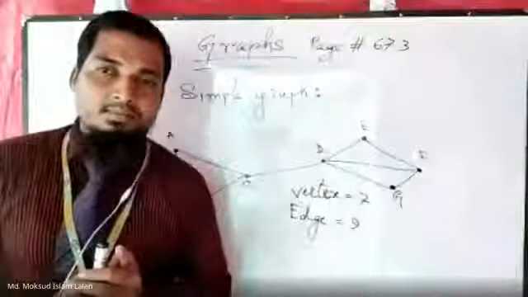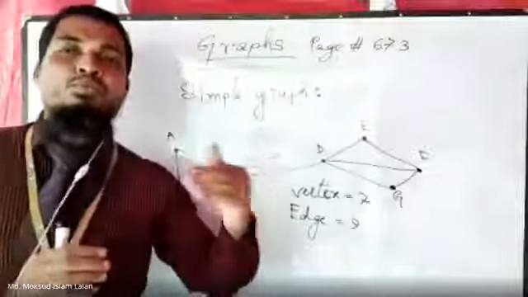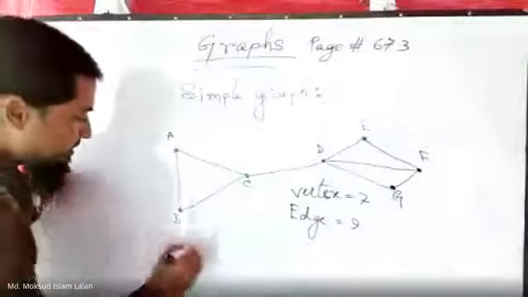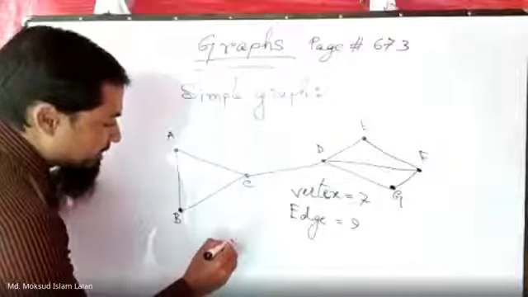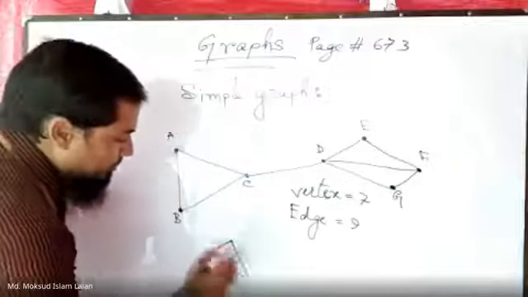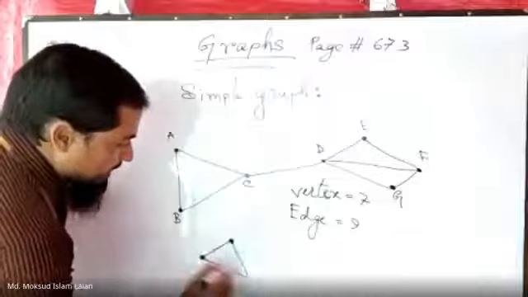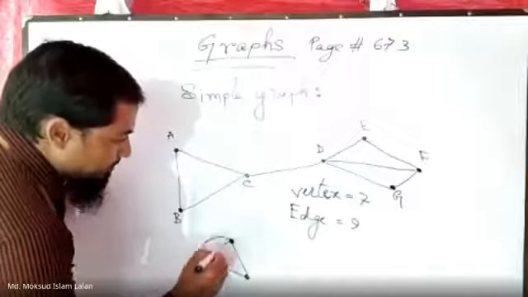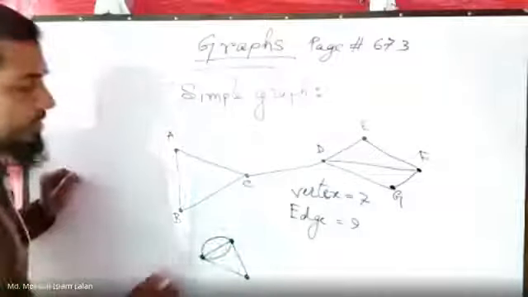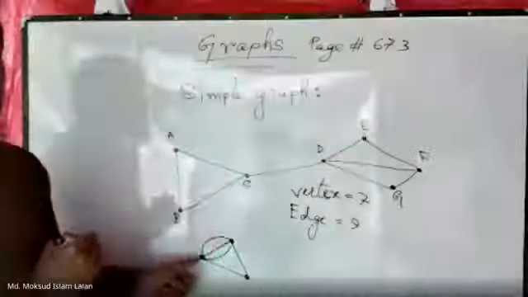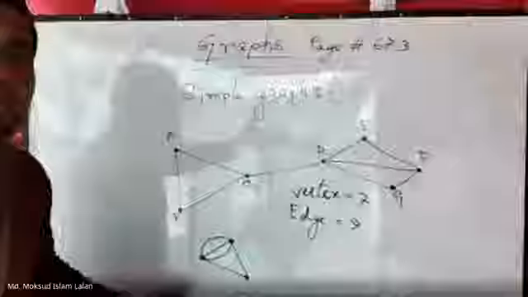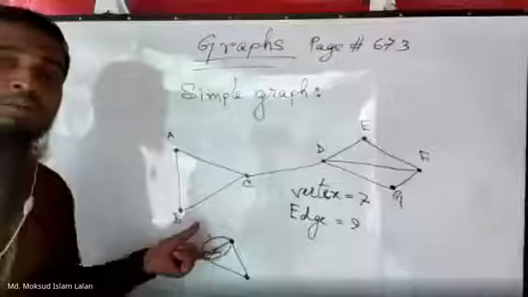Do you understand? Yes, sir. Multiple means more than one, if 2, 3, something like this. If I draw like in the previous class, how many edges are here between these two? Sir, 3, sir. 3 edges, right? So that means it's called a multiple edge.